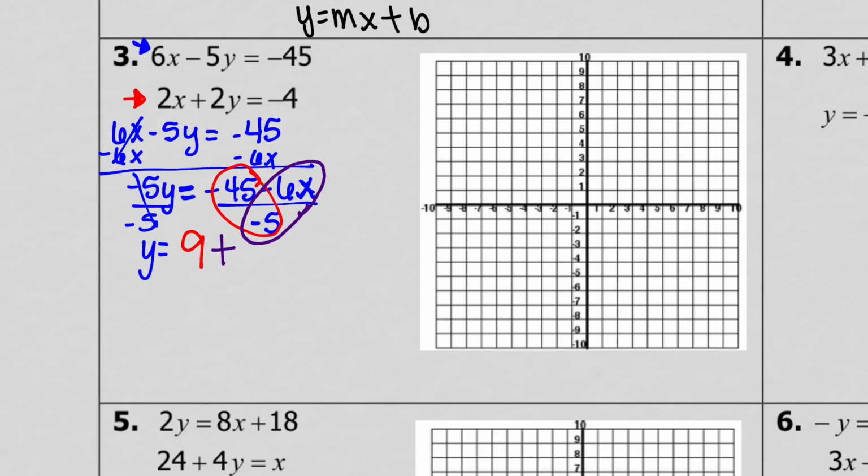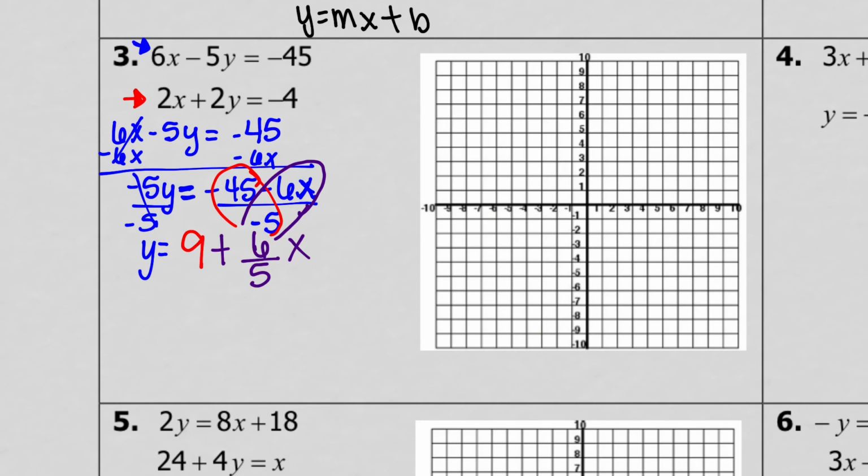Does 6 go into 5 evenly? No, so we're just going to leave it as 6/5 x. And make sure that that 5 down there is in the denominator, not, let me adjust this a little bit so that it's easier to see. So plus 6 over 5 x. Okay, how do I graph this line?